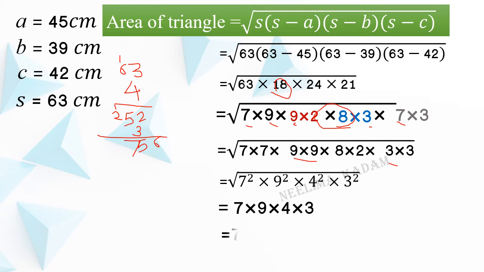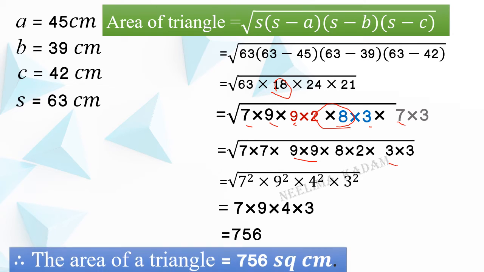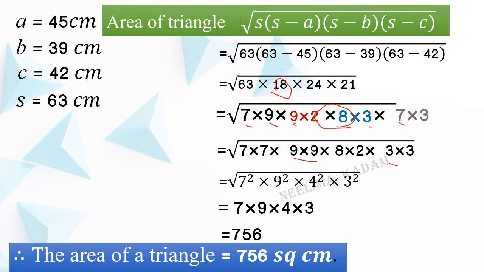Therefore, the answer will be 756. Right? So, area of this triangle will be equal to 756 square centimeter.